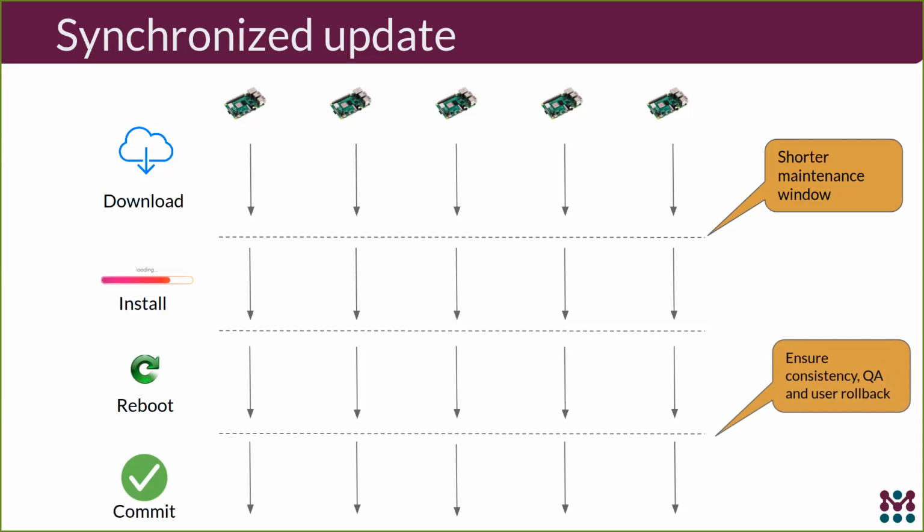So if you are close to devices, you can see the metrics coming back from them, because when you are in this stage, between reboot and commit, the devices will be running the new software. So you can check them, make sure they are working correctly, all of them. And you can also give the user the option to roll back.